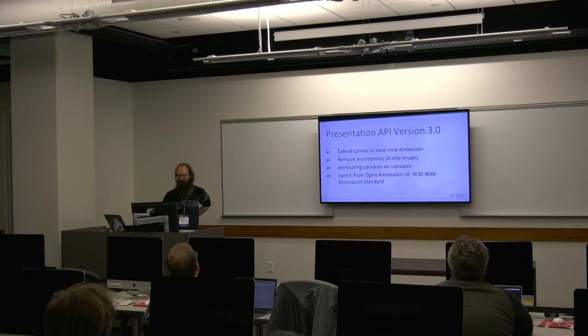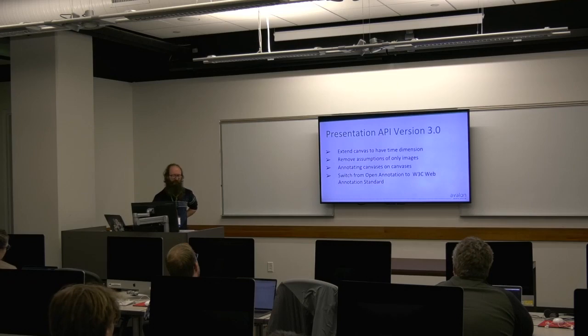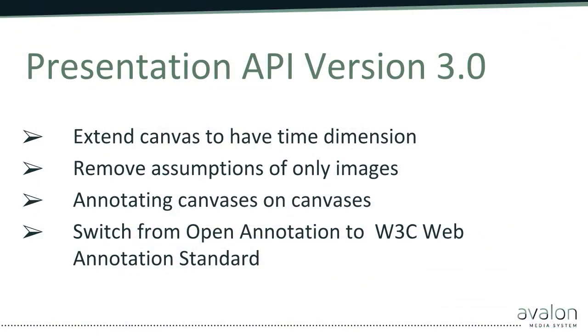So what's come out of this group that's met a few times and worked through resolving issues in the spec, there's ongoing calls, is the presentation API version 3.0, which is in an alpha or beta state right now, but it's pretty settled.